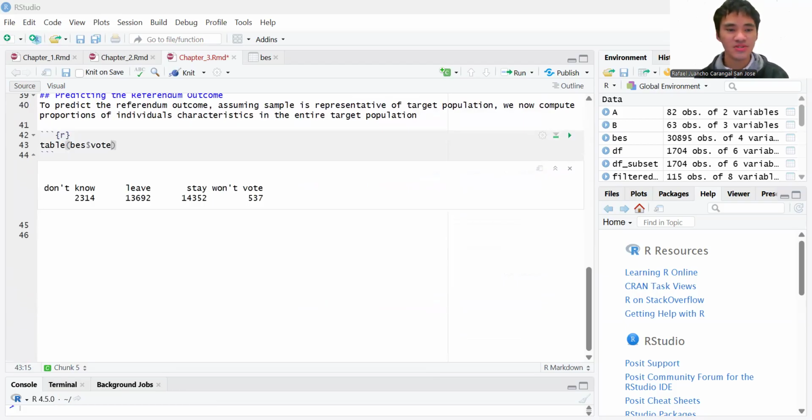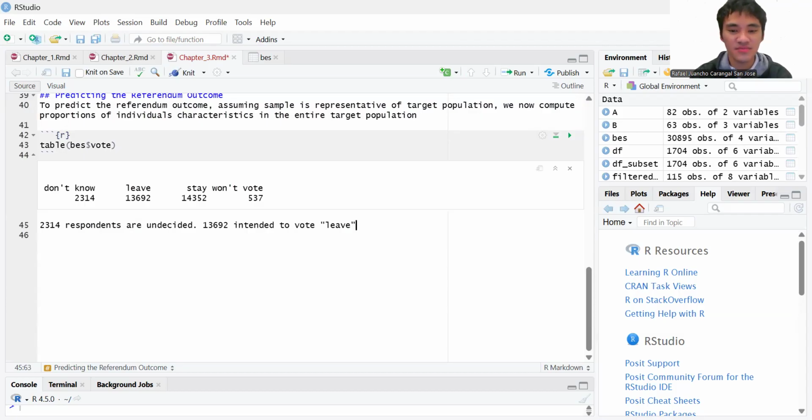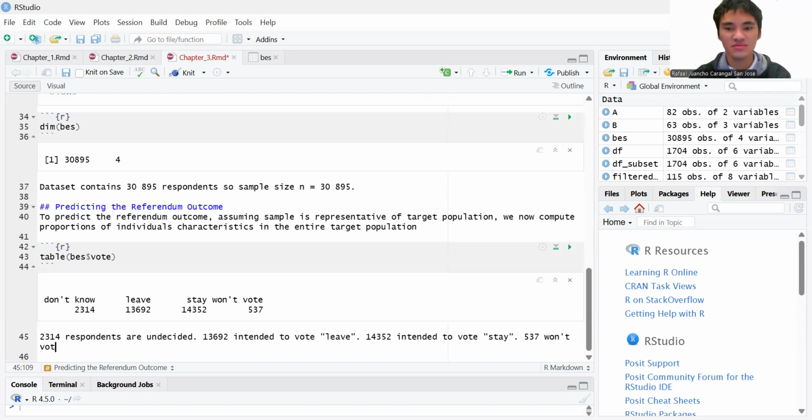So just to interpret what this is, I think it's pretty self-explanatory. 1,000 respondents are undecided. 13,692 intended to vote leave, that the British people leave. 14,352 intended to vote stay, and 537 won't vote.